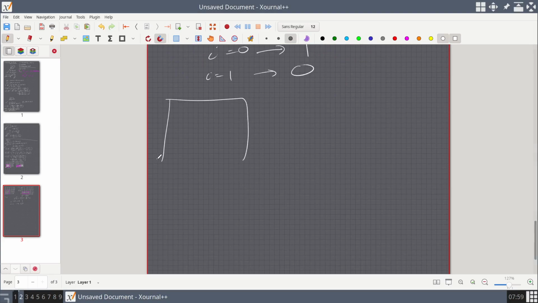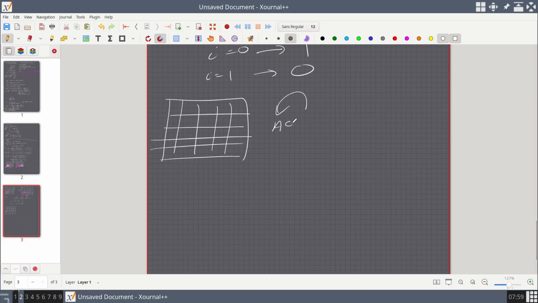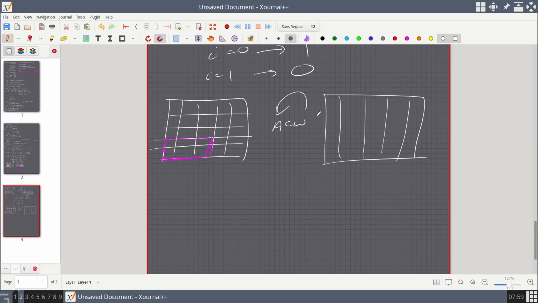got our 5x5. Going to go anti-clockwise this time. Again, we've got our bounding box. It's going to go to another bounding box. Again, looks the same.